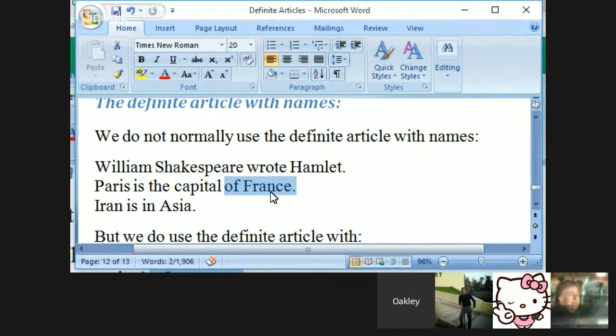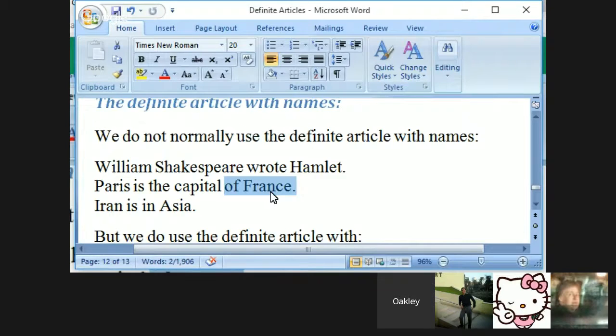We don't use the with country names unless the country name has something that identifies parts, or something specific: the Kingdom of, the Republic of, the United States of America, the Republic of China. Then we use the.